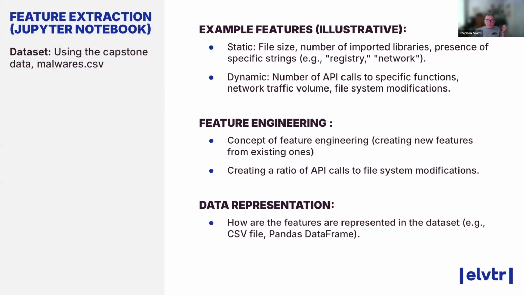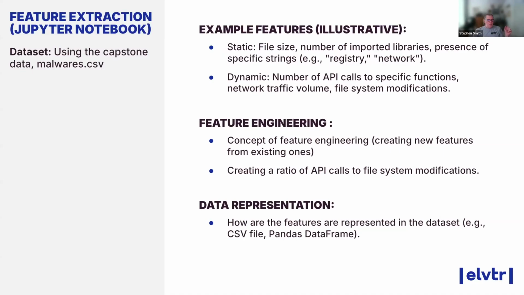Strings and metadata, we'll look at this later with NLP, but this is the text, what's going on in there. This can provide us with valuable information, and dynamic features like API calls, network behavior, does it phone home, file system, what's it writing, what's it reading, and then process behavior. So there's a whole bunch of this.